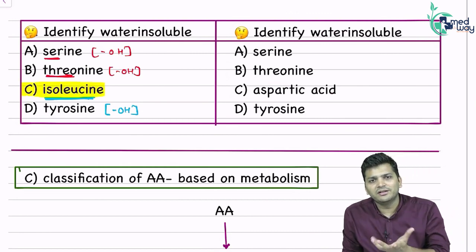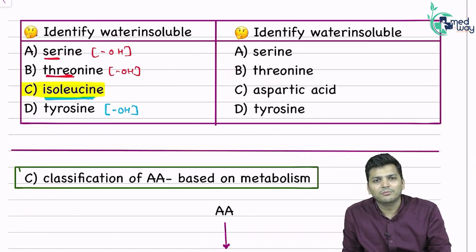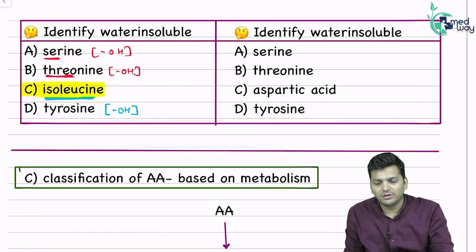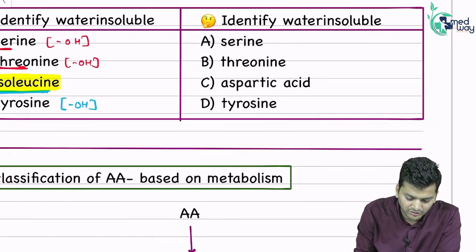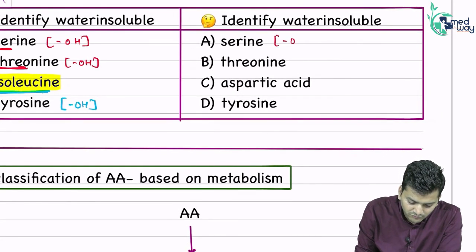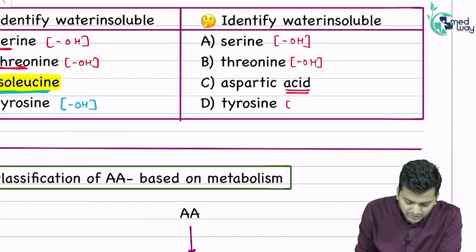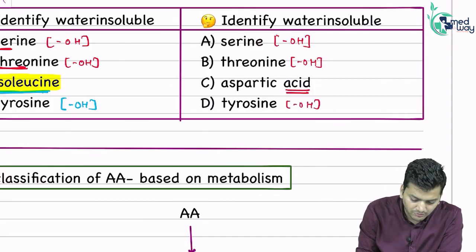So here you will consider tyrosine as water soluble, because the more water insoluble option was there in the choices. But look at the next question, the same question: which of the following is water insoluble? Serine, alcohol containing. This is acid. They all are water soluble. Tyrosine also contains a hydroxyl group, but will you consider this water soluble or not?